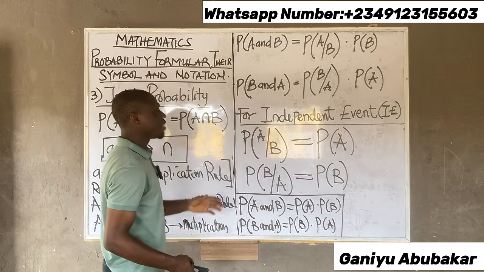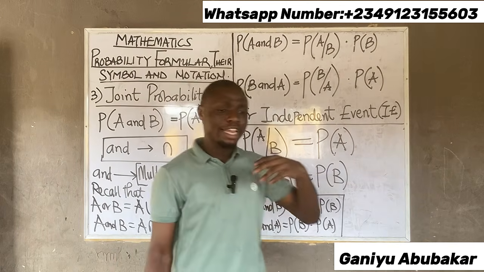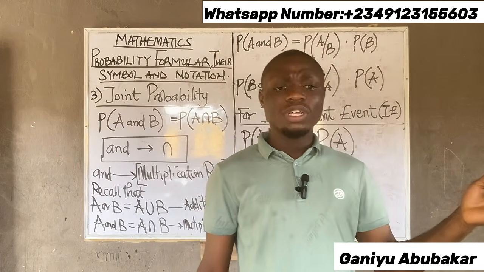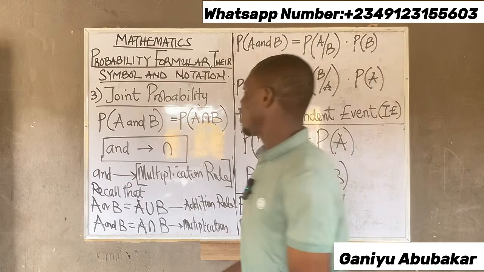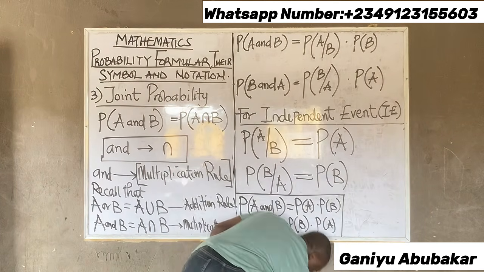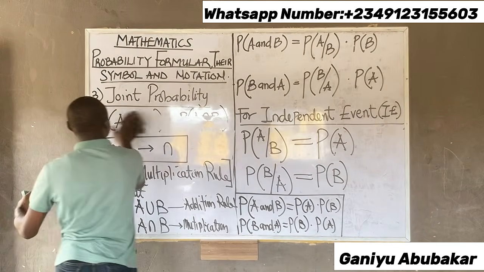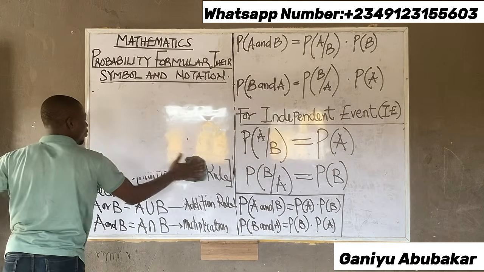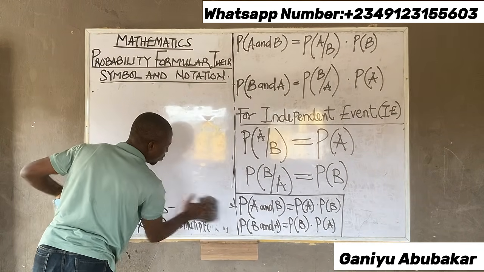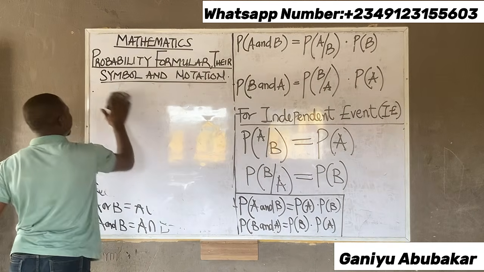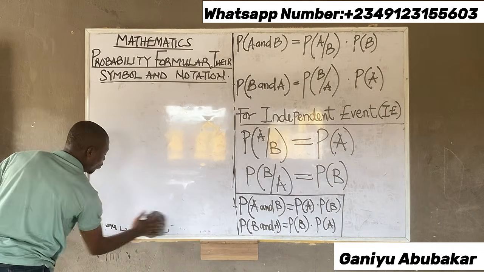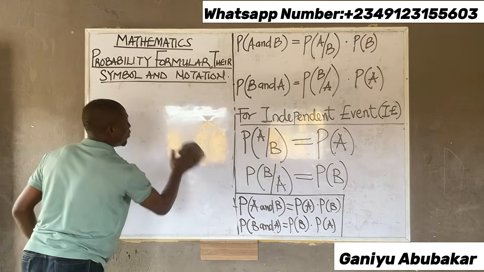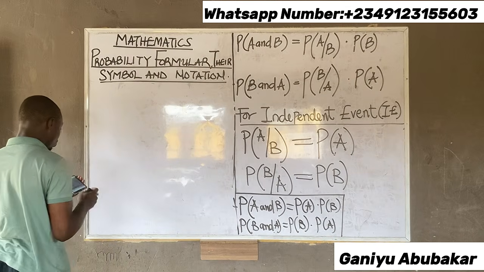So someone asked me, sir, how do I know whether this is an independent event or a dependent event? Here's the key takeaway to understand dependent events and independent events. Note that in some questions, they'll give you the terms with replacement and without replacement. That's the English they use, right?